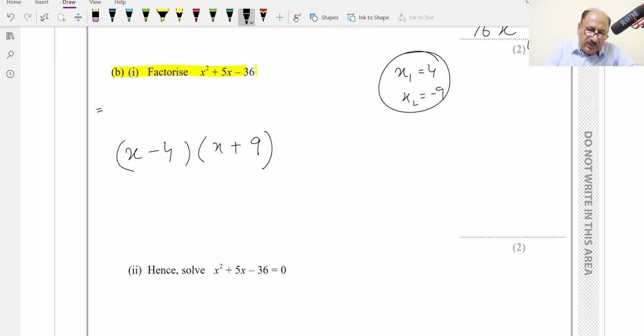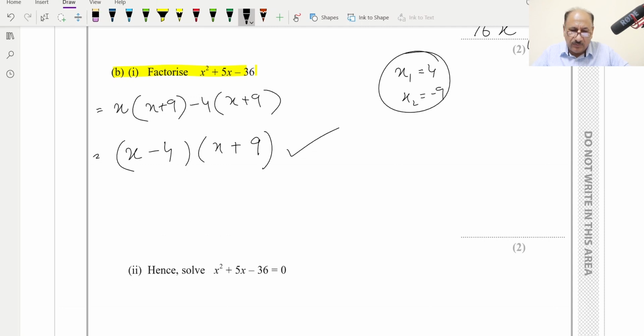In the intermediate step, we can write x into x plus 9, and then minus 4 into x plus 9. This will be our factorization, x minus 4 and x plus 9.